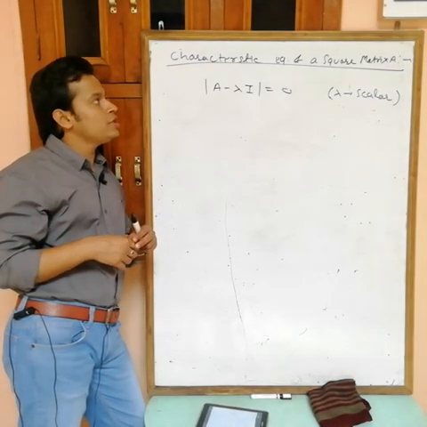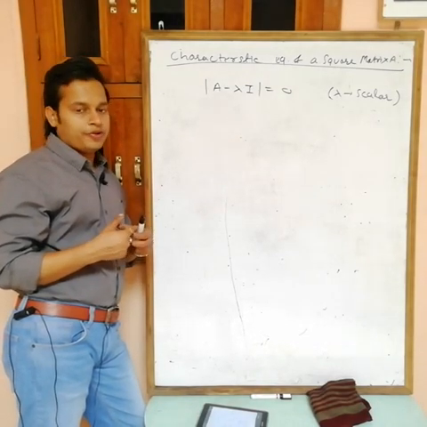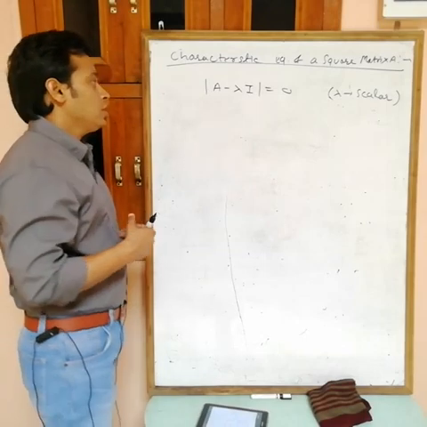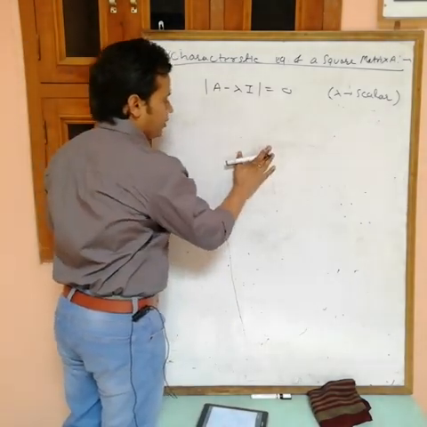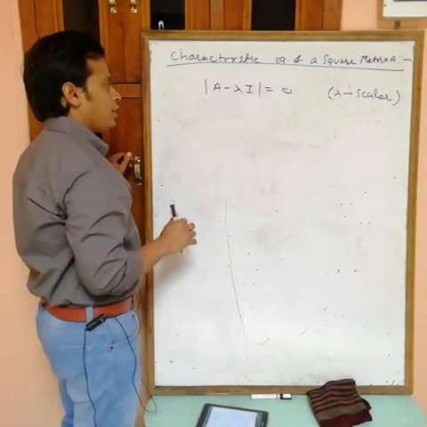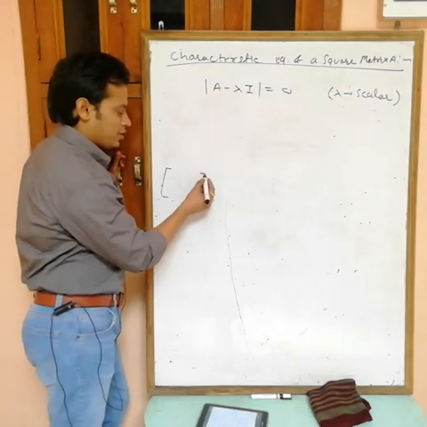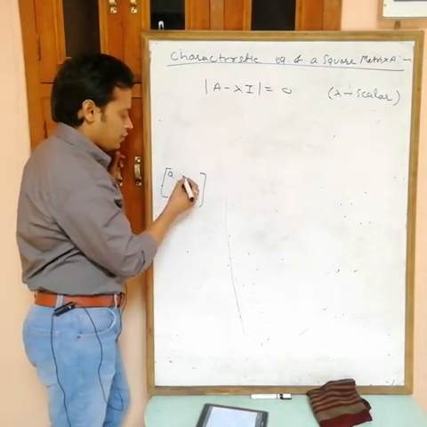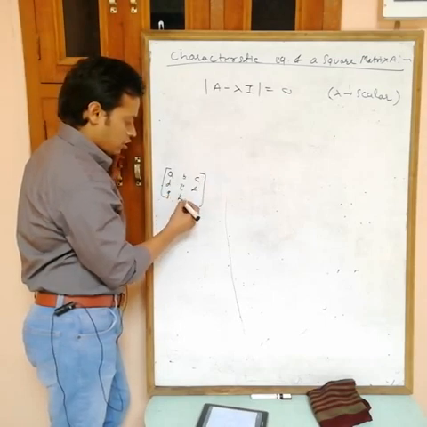That is known as the characteristic equation of matrix A. See, suppose A is a matrix of n by n order. Then A minus lambda I is simple. Suppose first I am taking 3 by 3 as an example: A, B, C, D, E, F, G, H, I.